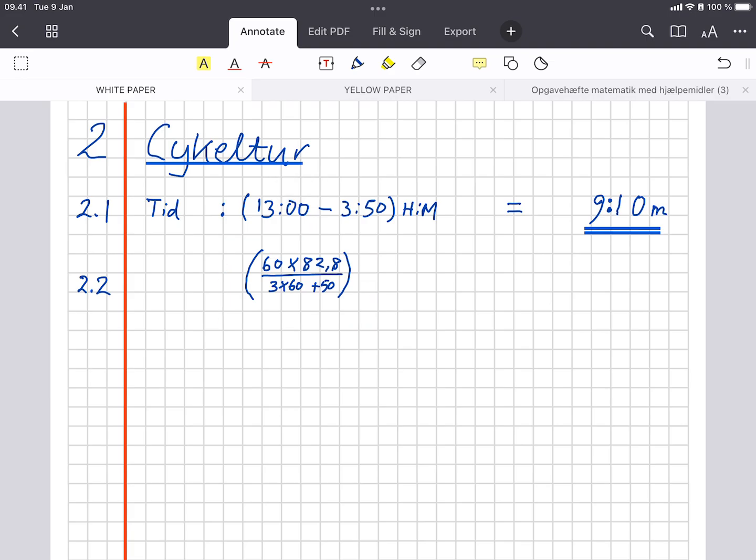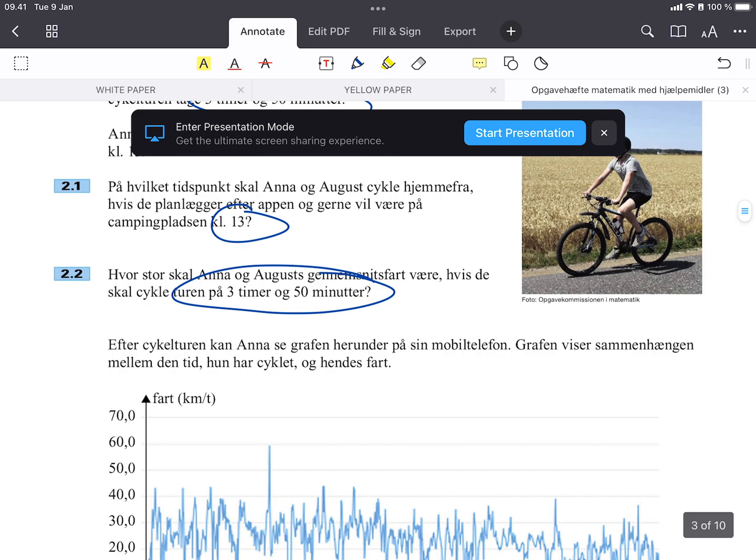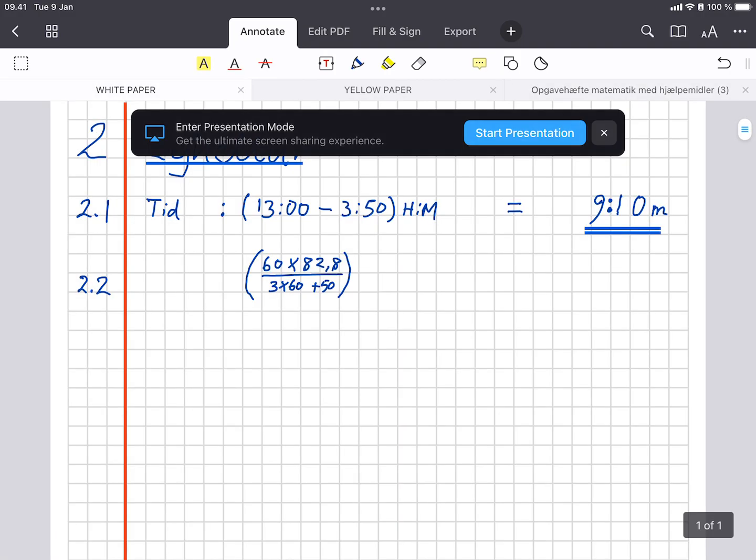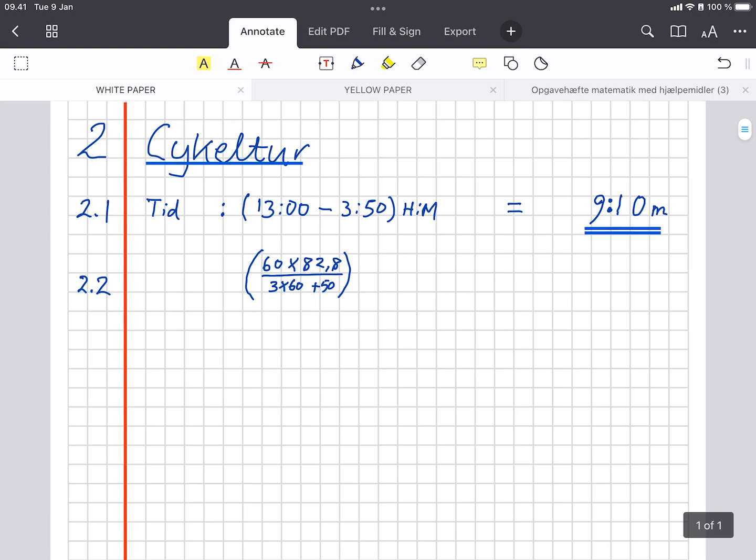And so the question was asking for the average speed, Genomsnittsfahrt. So I'll just write the word average speed.